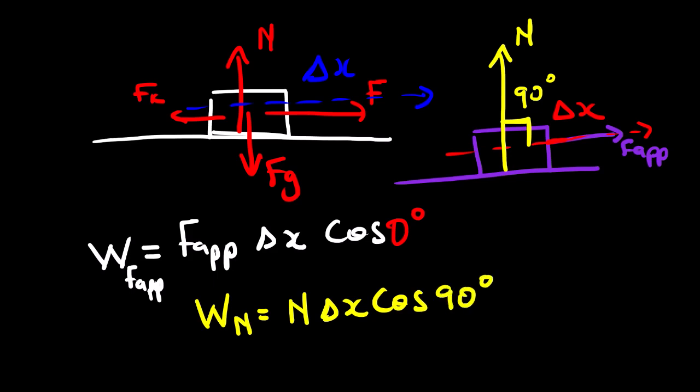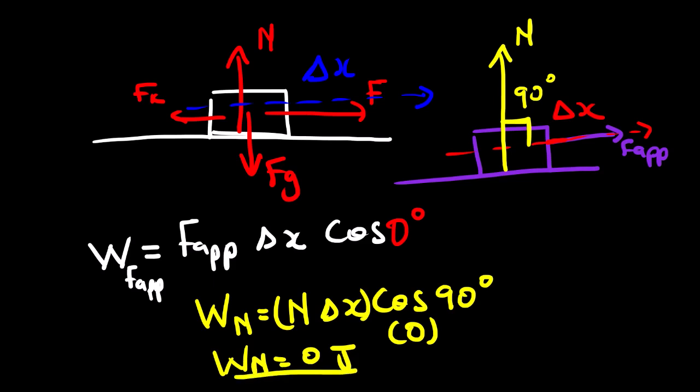So if we put 90 degrees here, we know that cos 90 is equal to 0. And then 0 multiplied by this will give us 0. Then we can see that the normal force does no work on the object, or we can say the magnitude of the work done by the normal force is 0.